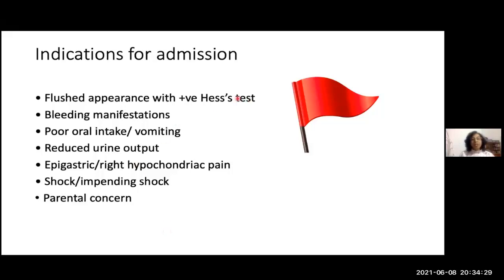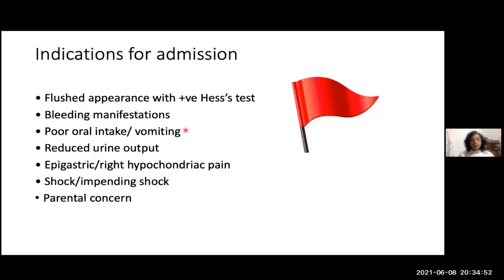So a flushed appearance with a positive tourniquet test and any sort of bleeding manifestation. It may be bleeding gums. Poor oral intake or vomiting is an indication to admit. Reduced urine output. And epigastric pain or right hypochondriac pain may be the beginning of the leaking phase. Right?